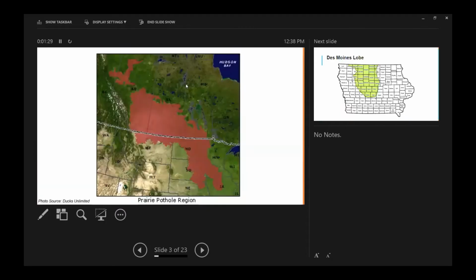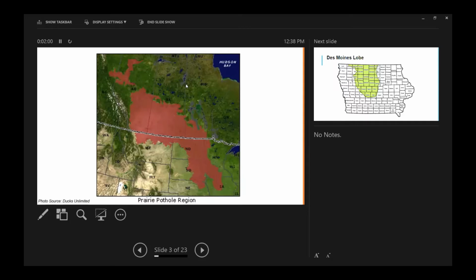To give a better sense of the geographic scale of where this prairie pothole region is, I always think of it from an Iowa perspective. But you can see here in this pinkish reddish color that the pothole landscape really extends northwest all the way up into far reaches of Alberta, Canada, across Saskatchewan, Manitoba, and into the Dakotas.